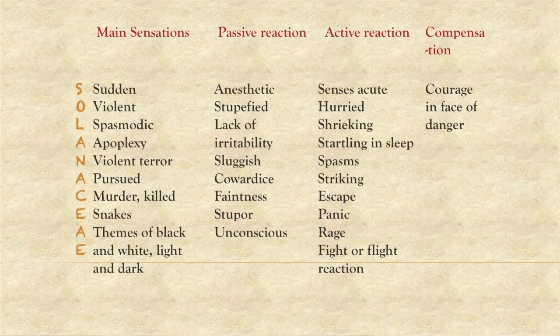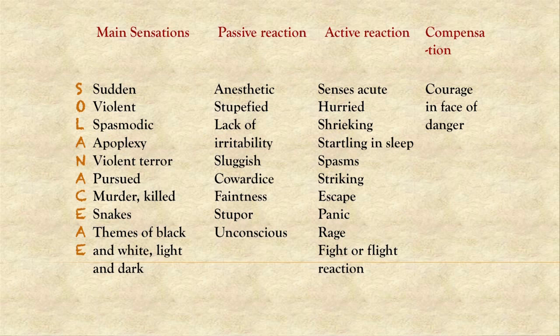And in this way, we derived from the materia medica and repertory the sensation of the family Solanaceae, and that is sudden, violent, spasmodic, terror, pursued, murder, snakes, black and white, and so forth.